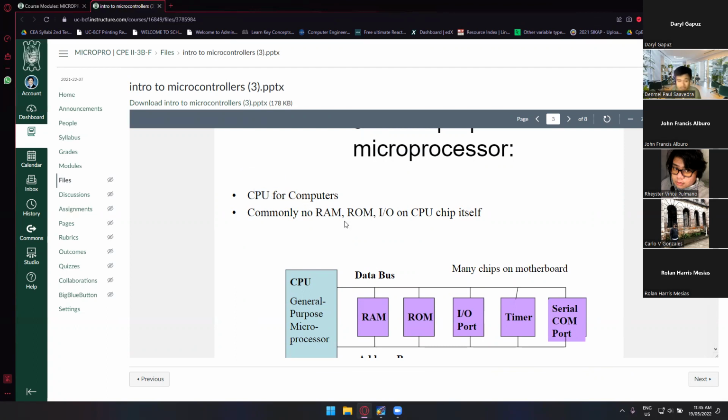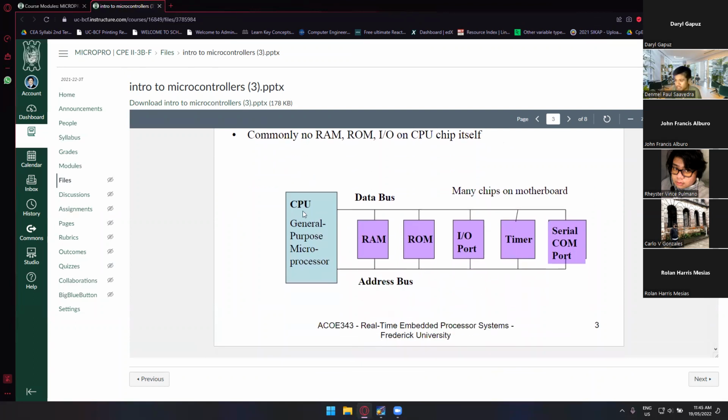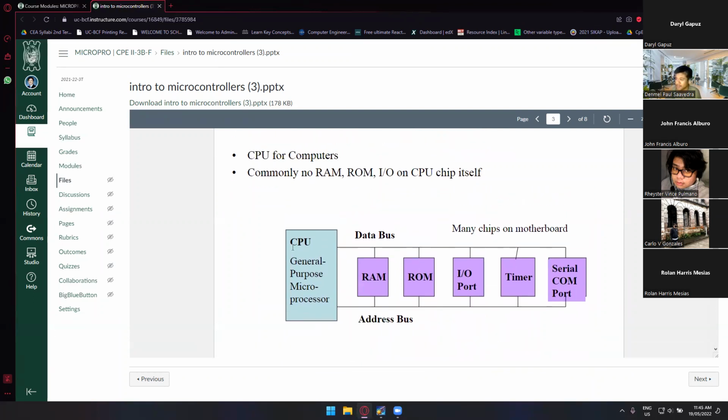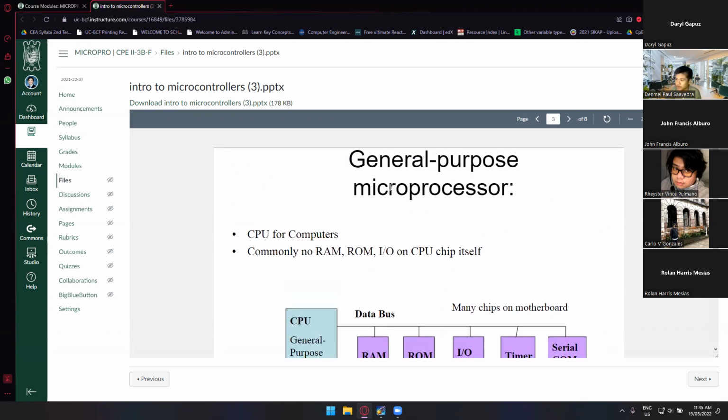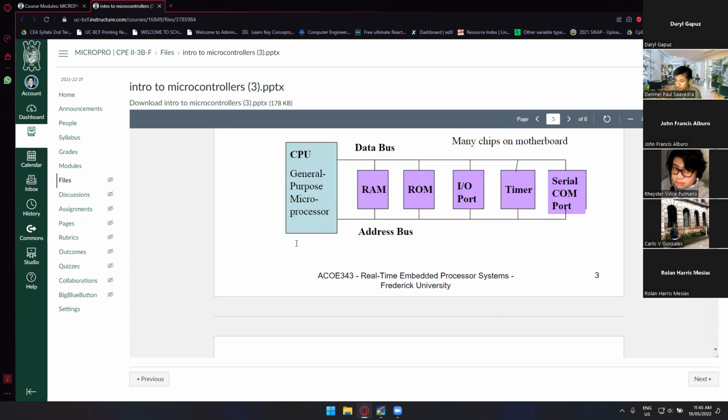There is no ROM. There is no input and output. And then it's just a single chip, which is just the CPU itself. Okay, so these are just additionals to make the computer work. All right, so I hope we're clear with the microprocessor. So it's just the CPU for computers.